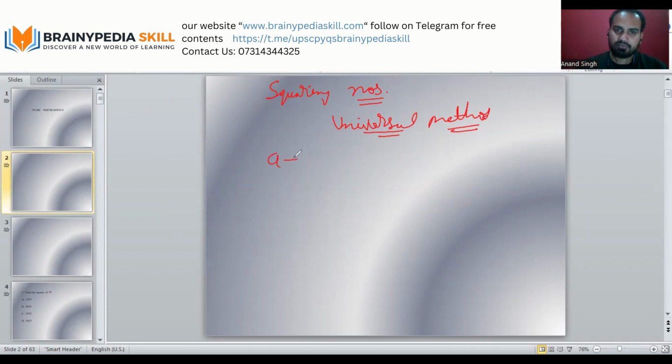Now, each one of you knows this formula. What is a square b? (a plus b) whole square, which is going to be a square, 2ab and b square, right? Rather than writing the plus sign, I am going to divide these into three different parts, right?